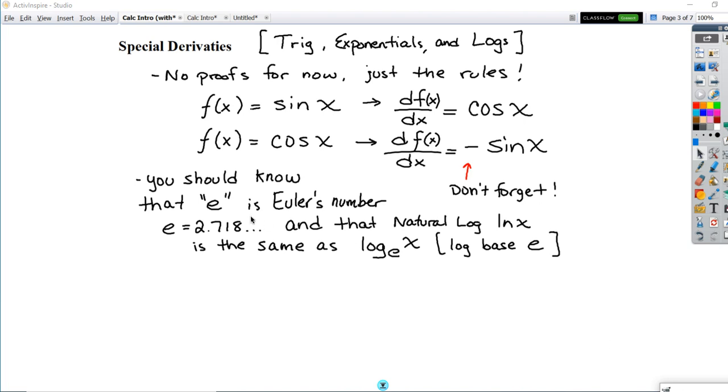You should know that e stands for Euler's number, which is some really long irrational number that starts out as 2.718 and keeps going on infinitely. The natural logarithm, ln x, is the same as the log of base e of x.